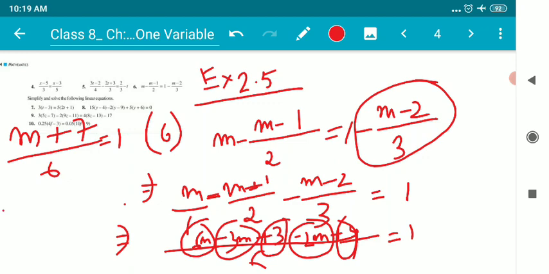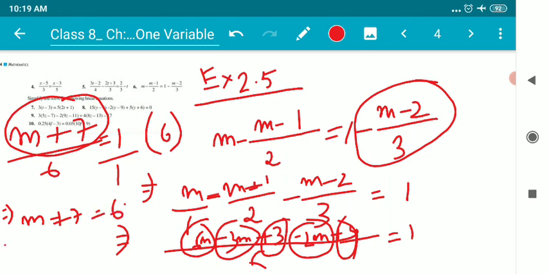All right, now once we go for cross multiplication, m plus 7 divided by 6, and there is nothing in the denominator on the right, means 1. m plus 7 into 1 results m plus 7, and 6 into 1 results 6.